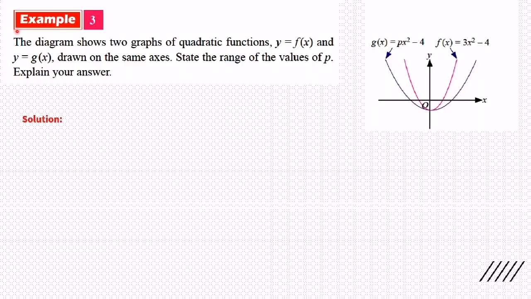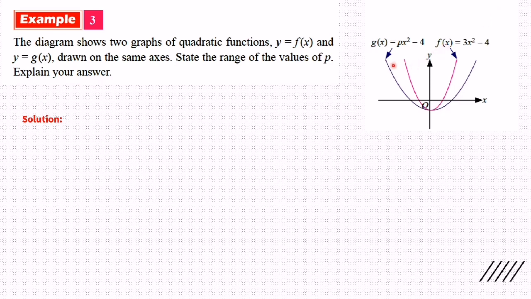Example 3. The diagram shows two graphs of quadratic functions y equals f(x) and y equals g(x), drawn on the same axis. State the range of the value of p. Explain your answer.